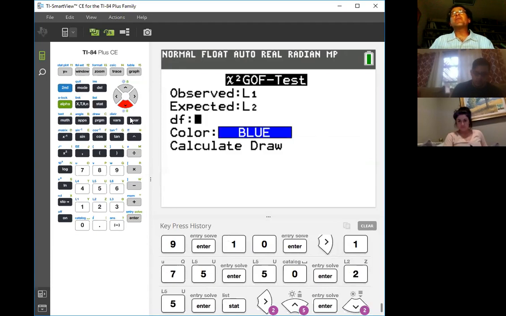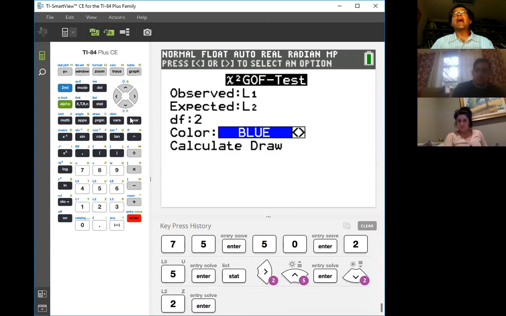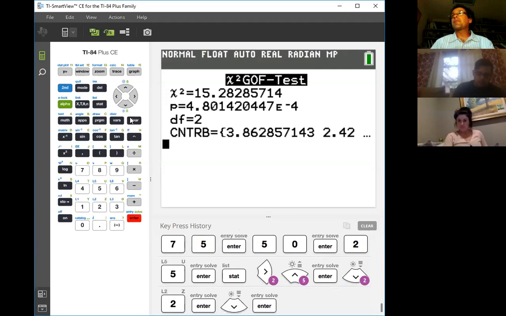The degrees of freedom, what is it this time? 2, because we had 3 categories. 3 minus 1 is 2. And I go calculate. Okay, notice a tiny p-value. So these GMO birds are very different. Does that make sense? So now I can go ahead and type that out.